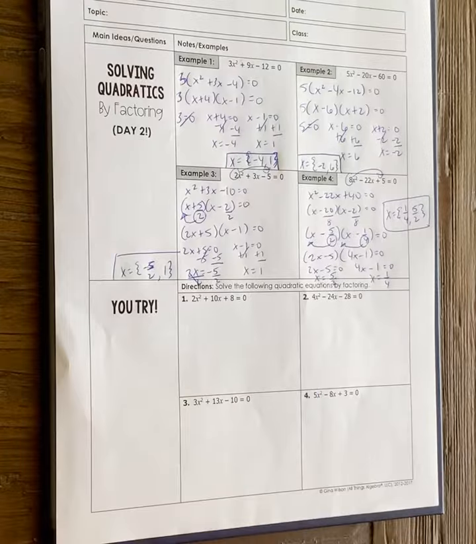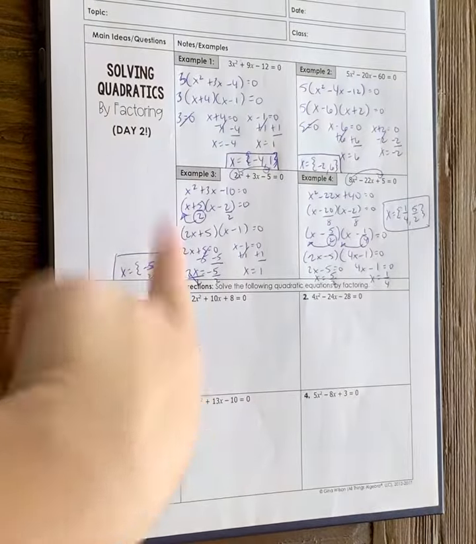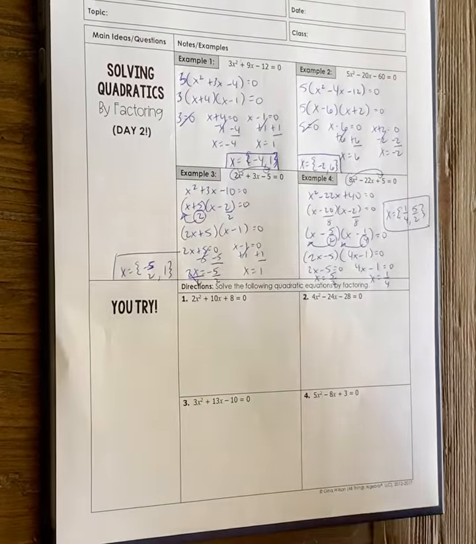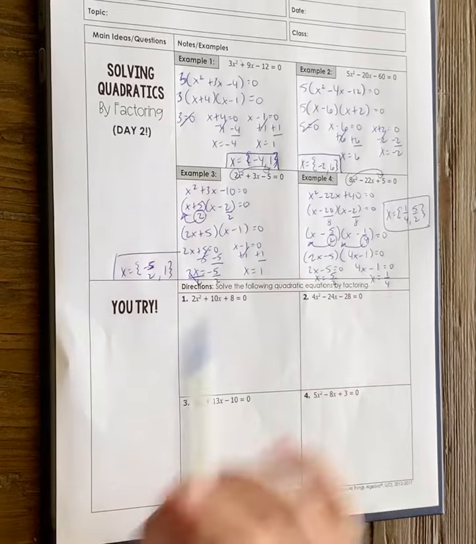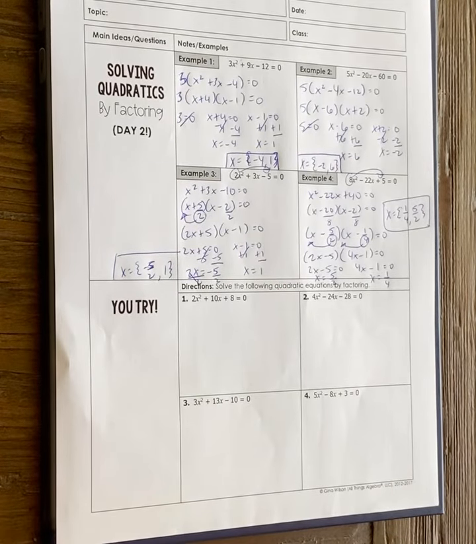Okay, the rest of the notes on the note sheet is just doing the same exact thing that we just did up here. So always check to see if there's a greatest common factor that you can take out first. If you don't have a greatest common factor, then you need to do the slip and slide method if you have a number in front of the x squared.